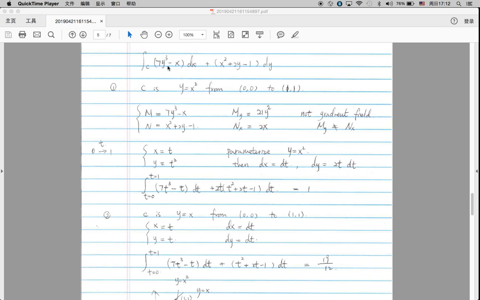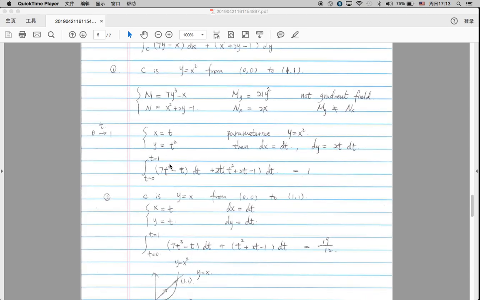So let's rewrite the question here. Let's plug t into x and then t squared into y. Actually, this should be t cubed, t to the power of 6 actually.